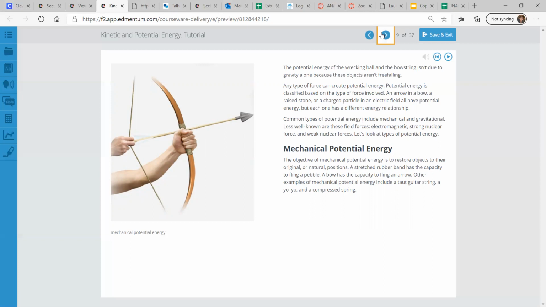A bow has the capacity to fling an arrow, and the bow wants to restore the shape that it already had before, its unstretched string. Other examples of mechanical potential energy include a taut guitar string, a yo-yo, and a compressed spring.